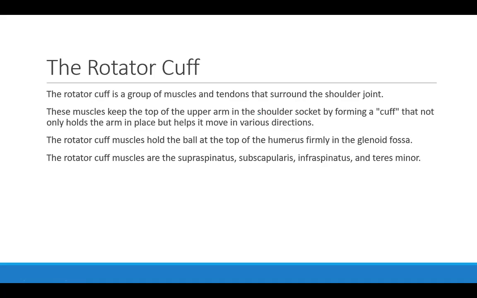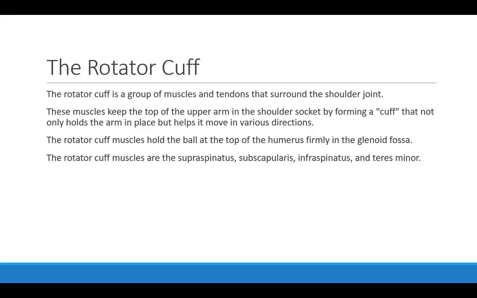Because of their range of motion, they allow the humerus to move in just about any direction we want. They form this cuff to hold the humerus against the glenoid cavity.